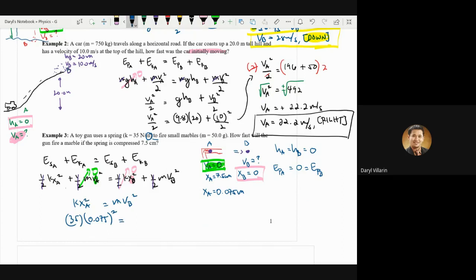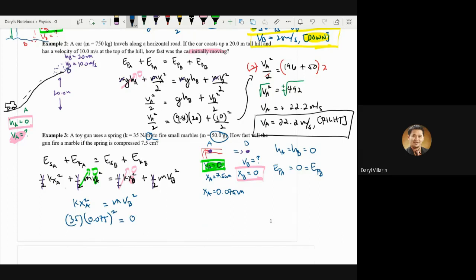And then mass is 50 grams. But remember, newton is a derived unit that has a quantity of kilogram, so mass also should be written in kilogram.